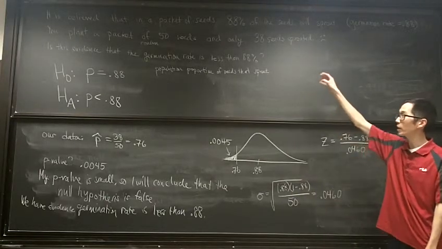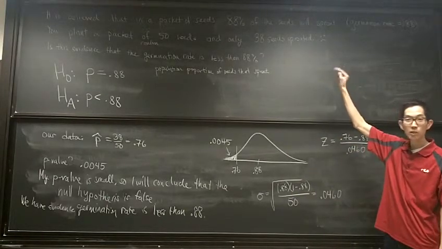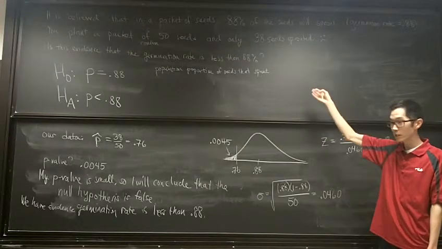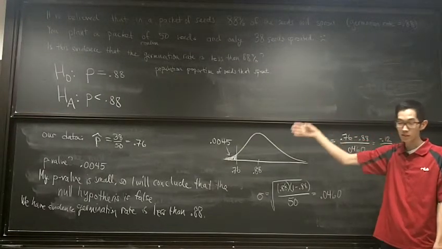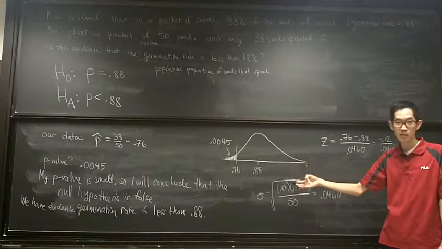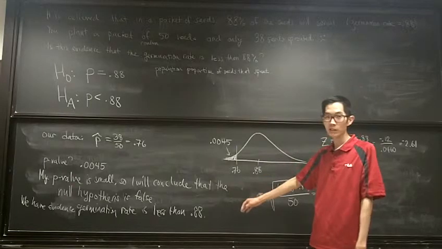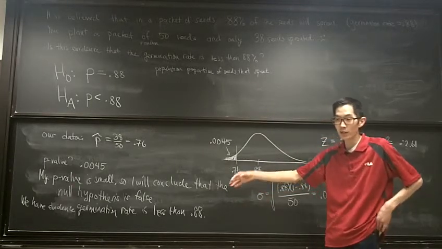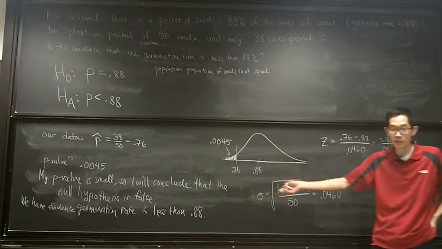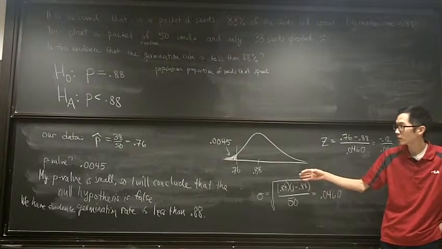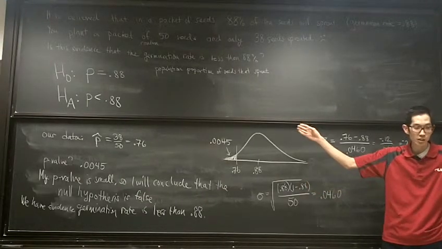Okay? With our hypotheses, there's actually no uncertainty about it. The germination rate either is 88% or it's not 88%. Okay? All we have is evidence for or against. All we have is either we have evidence against it or we don't have evidence against it. Okay? And right now we do have evidence against the notion that it's 88%.